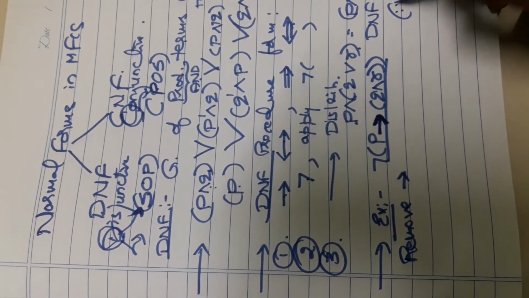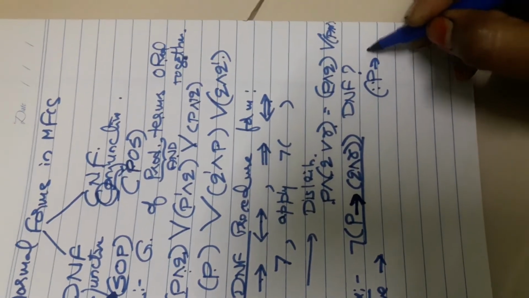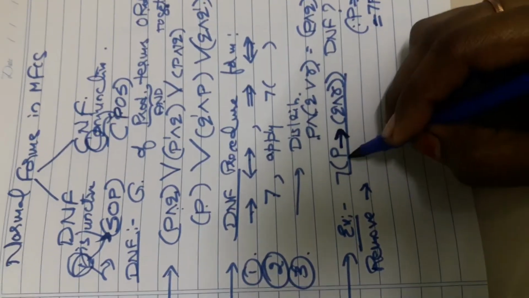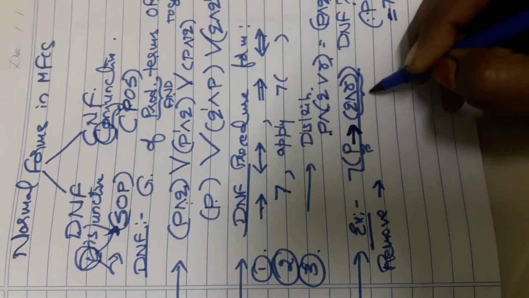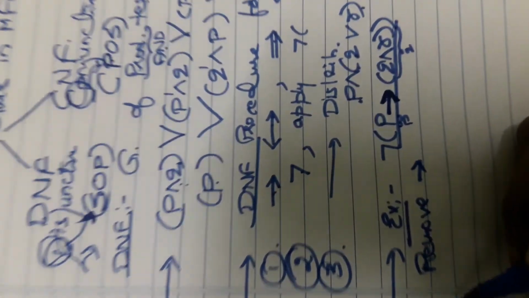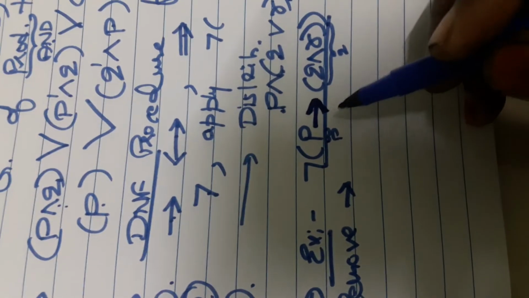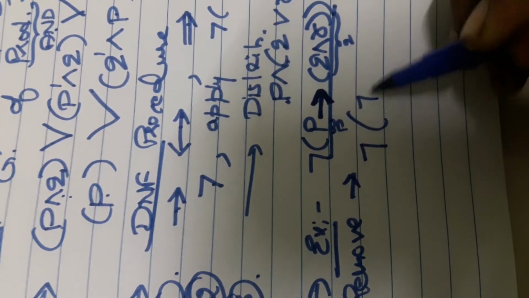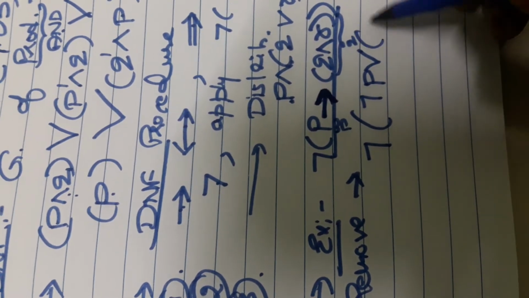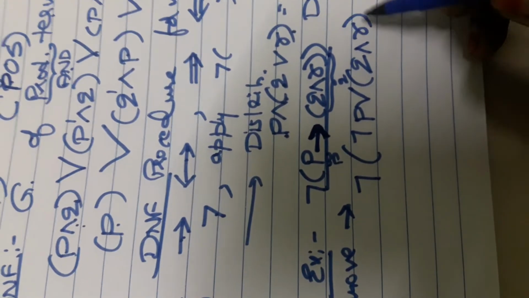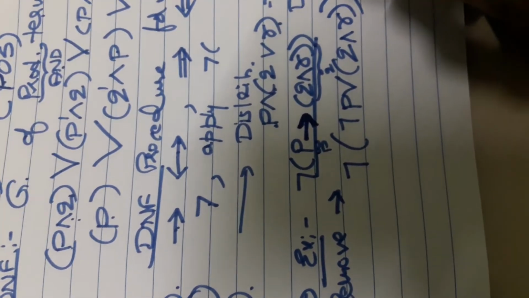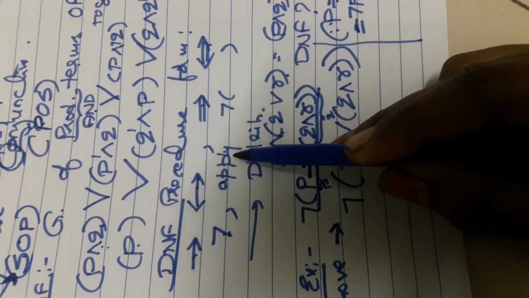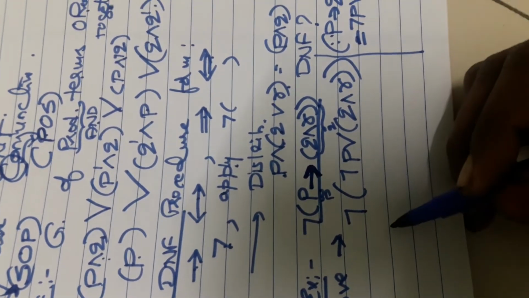Here we already know the formula. P implies Q can be written as negation P or Q. This total part is P and this total part is considered as Q. So this can be written as negation P or Q, where Q is nothing but Q and R. Next, apply negation if the negation is for the total logical expression.